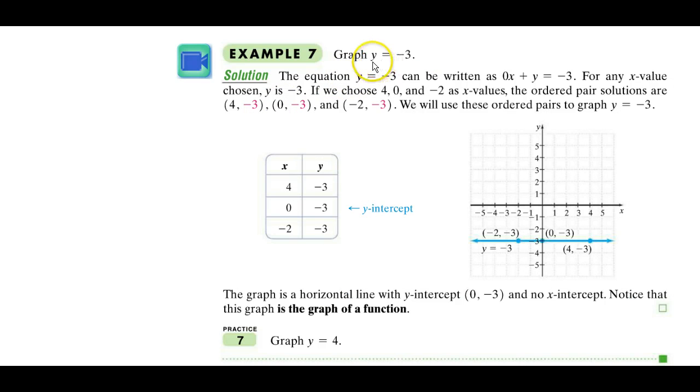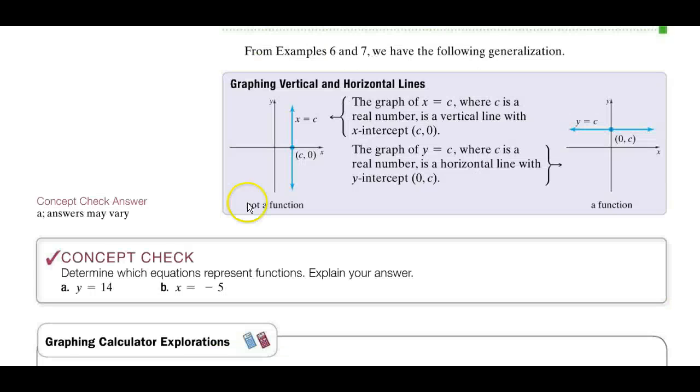And there is the example y equals b. Remember, this is the y-intercept. So it's going to go through -3, and you just click on any other point along that horizontal line to make the graph. And for this one, y equals 4 would be a horizontal line through 4. Now there it is.